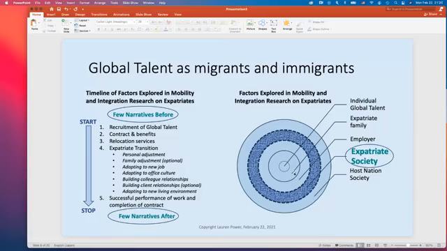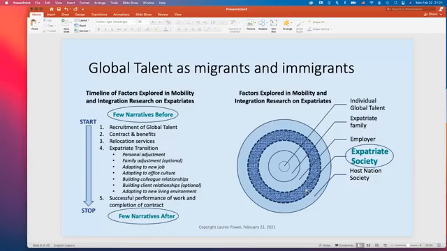Then, by extension, in the cases where they're accompanied by family, there are considerations for expatriate family. How do children adapt or adjust to this mobility? And then how do the global talent interact with their employer? There are also a few studies about how expatriates or global talent interact with the host nation society, but these are very few and far between.